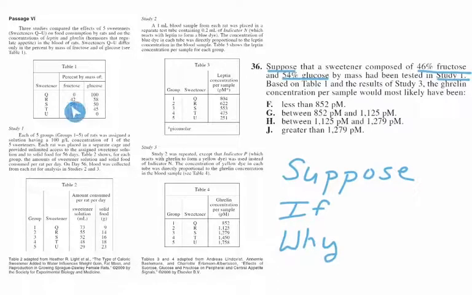That's going to put it between R and S. The results of study 3, the ghrelin concentration per sample, will most likely be what? In study 3, we're also going to say it's between R and S. So it has to be between 1,125 and 1,279. So your answer has to be H. And that's all you're doing in suppose-if-Y questions usually: inserting information.